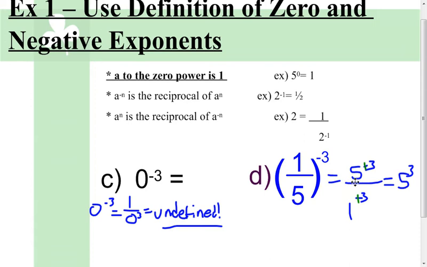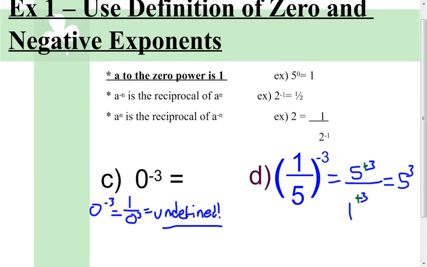So when you pass it over the fraction bar, when you change it from the numerator to the denominator, you change the sign of the exponent. So instead of being a negative, it becomes a positive. And then all I did is simplify this because 1 times 1 times 1 is 1. So 5 to the third power over 1 is just 5 to the third power, which again was 125.